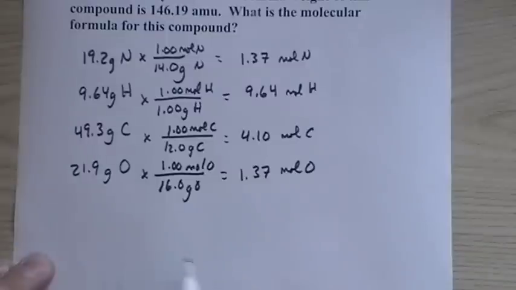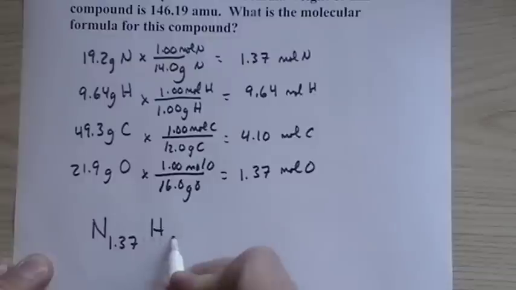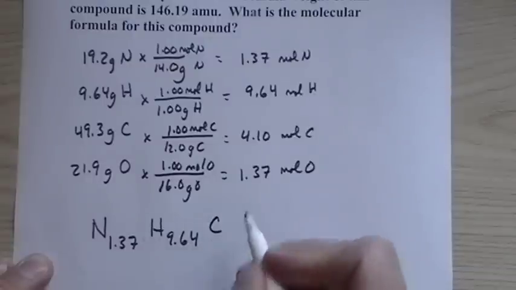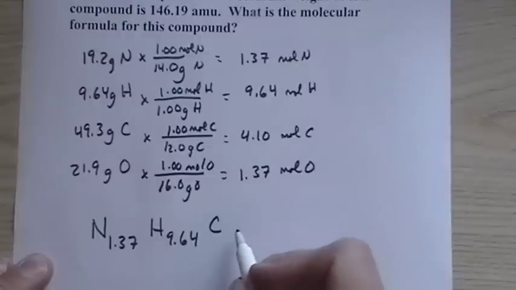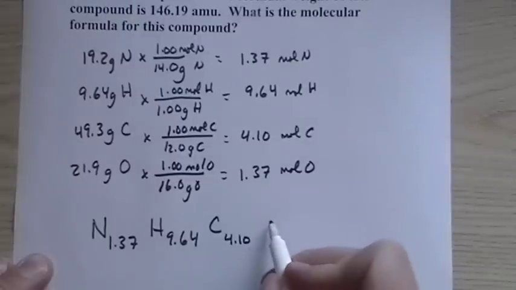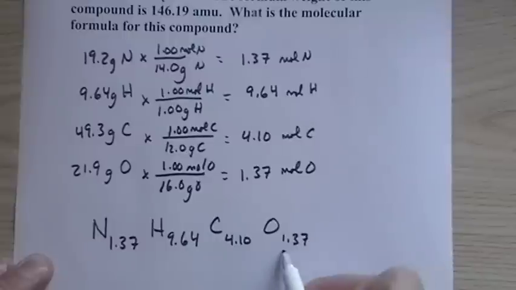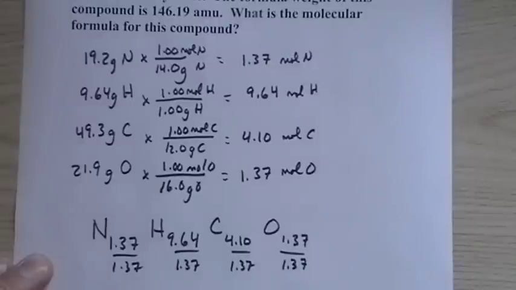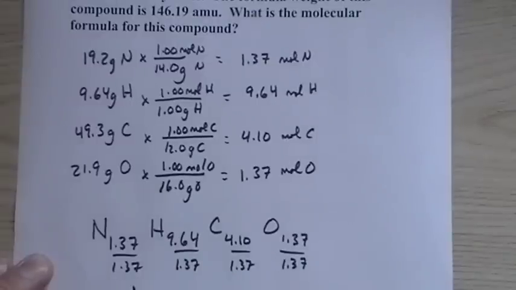Okay, so we have nitrogen, it's 1.37, hydrogen is 9.64, carbon, is it carbon? Yeah, I thought for a second it was chlorine. That would be a bummer, but it's carbon. Divide through by the smallest number, and as long as we've done it correctly, we get whole numbers or something easily converted to whole numbers.